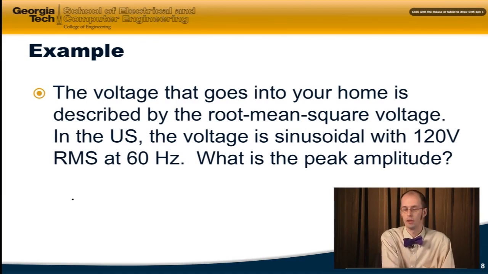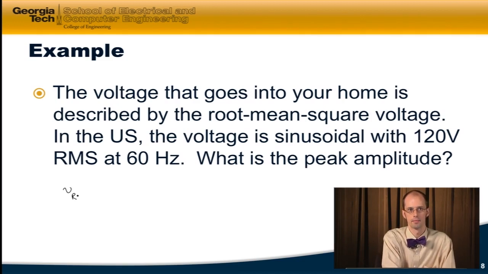Well, remember again, frequency doesn't matter. It's just an extra little piece of information. And we know that the voltage coming into homes is sinusoidal, which means that if I want to calculate VRMS, it's going to be equal to the amplitude divided by the square root of 2.